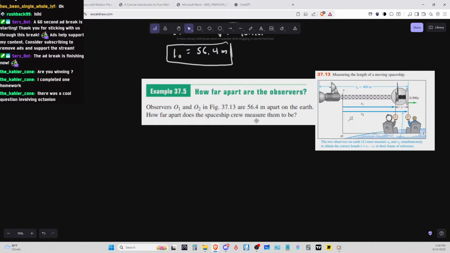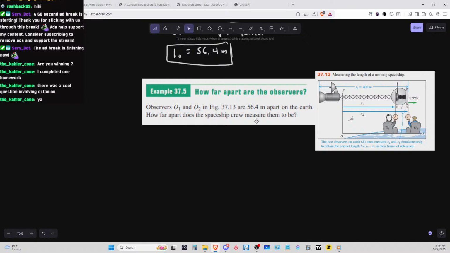There was a cool question involving octernions. Is that what you typed up? Oh no, not octernions. Oh, okay. Isn't that supposed to be the extension of a vector? Like, a vector that has multiple directions in some way? Because I've heard of octernions, although I don't know the difference between an octernion and a tensor.